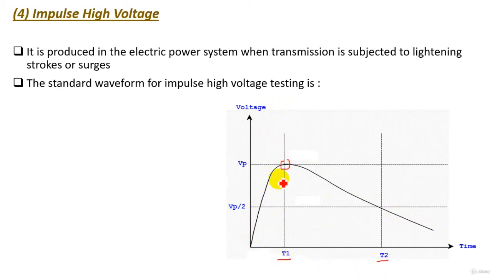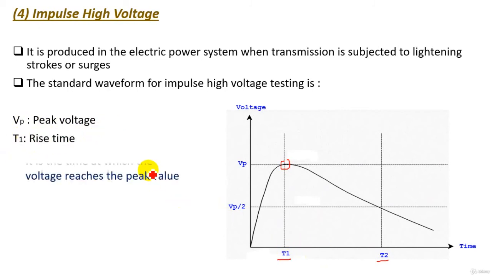What are these parameters? V peak is the peak voltage of the impulse voltage waveform, and t1 is called rise time. It is the time at which the voltage reaches the peak value, and this time is very small, in the range of microseconds.